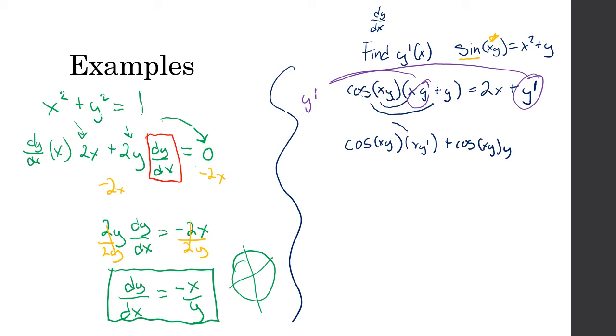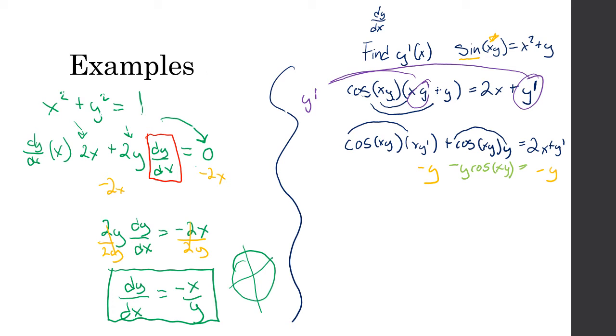Just for notation, when I rewrite, I bring these out in front so it's a little easier to see. This equals 2x plus y prime. Now I'm going to subtract y prime from each side, and I'm also going to subtract y cosine xy from each side.